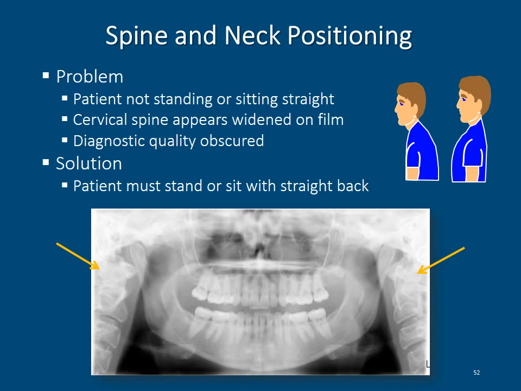When we do not place the patients in the machine correctly and create this lean, what we may end up with is that the cervical spine will appear in the radiograph. This slumping or slouching of the shoulders obscures the image and again creates an undiagnostic or poor quality radiograph.